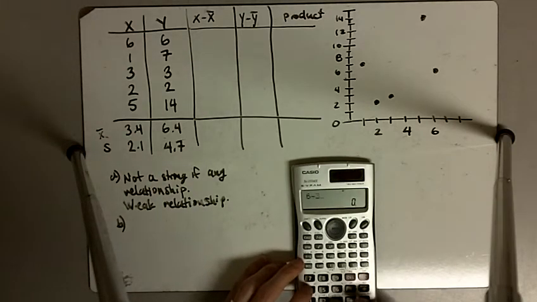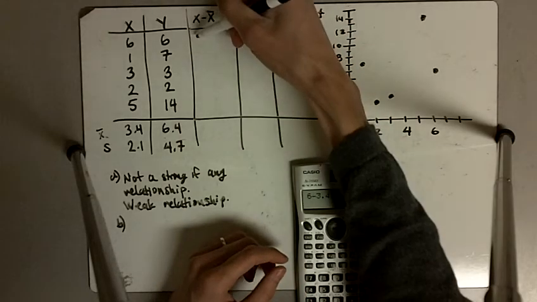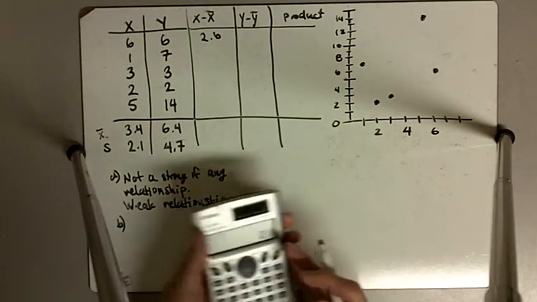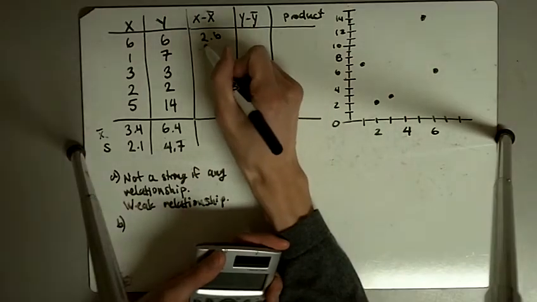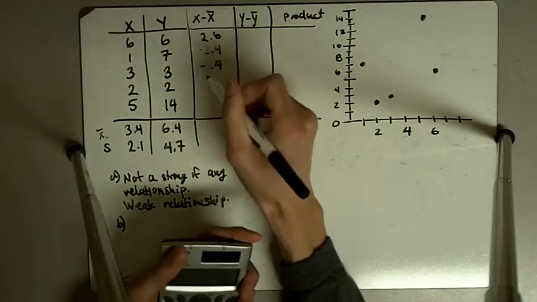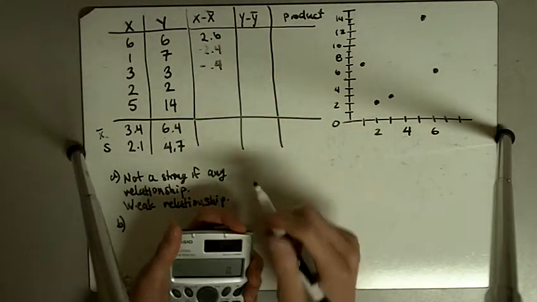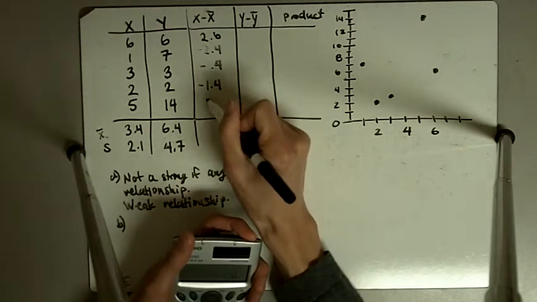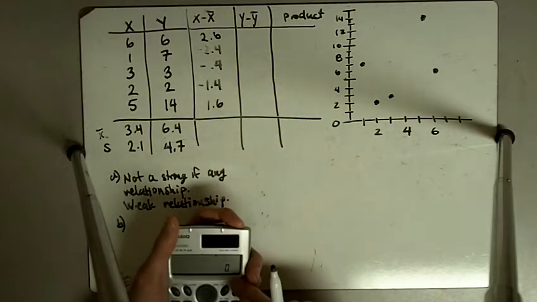So I'm going to just do 6 minus 3.4. So I have 2.6. And just doing this quickly, I have negative 2.4, negative 0.4, negative 1.4, and this is going to be 1.6.